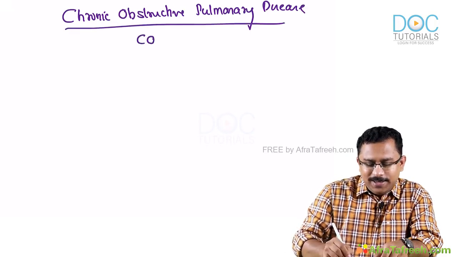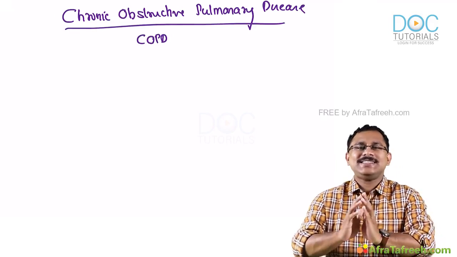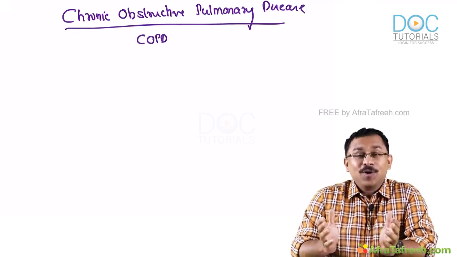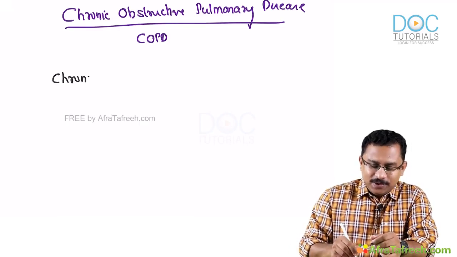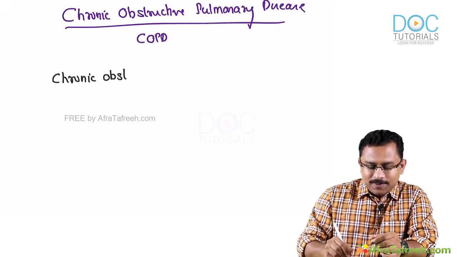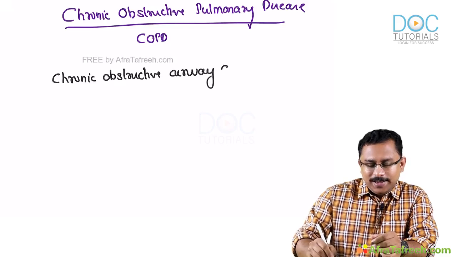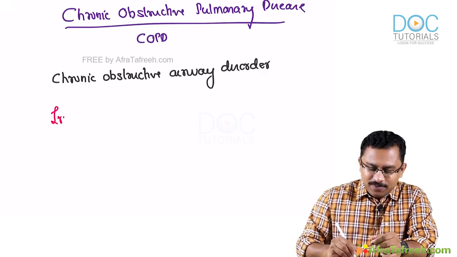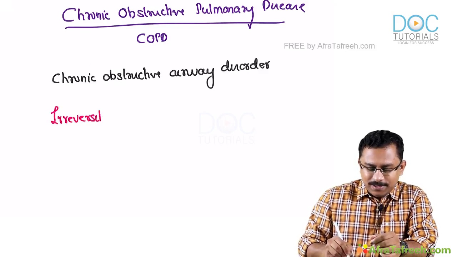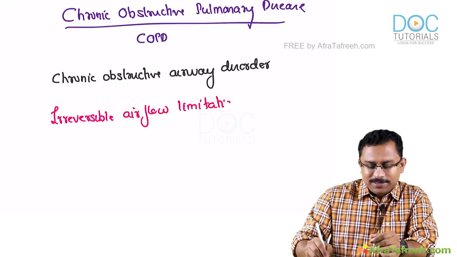So first we will begin by trying to understand this entity. What is this COPD? COPD is a chronic obstructive airway disorder, and this disorder is characterized by irreversible airflow limitation.